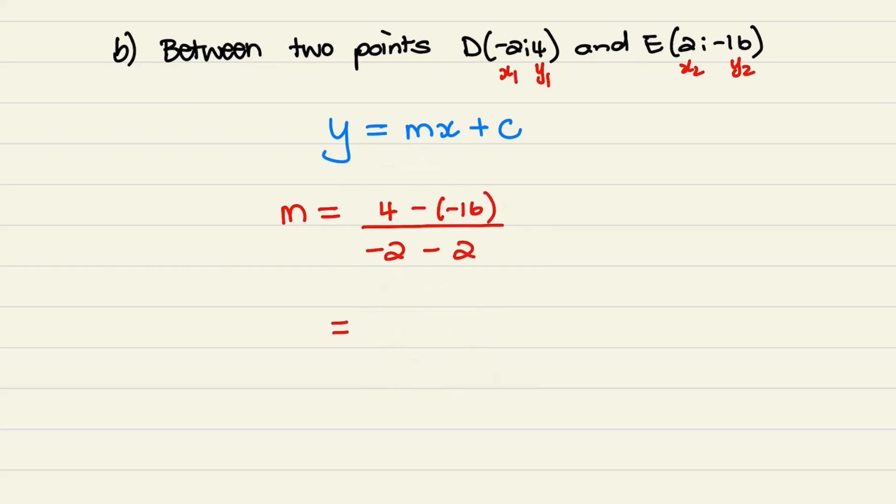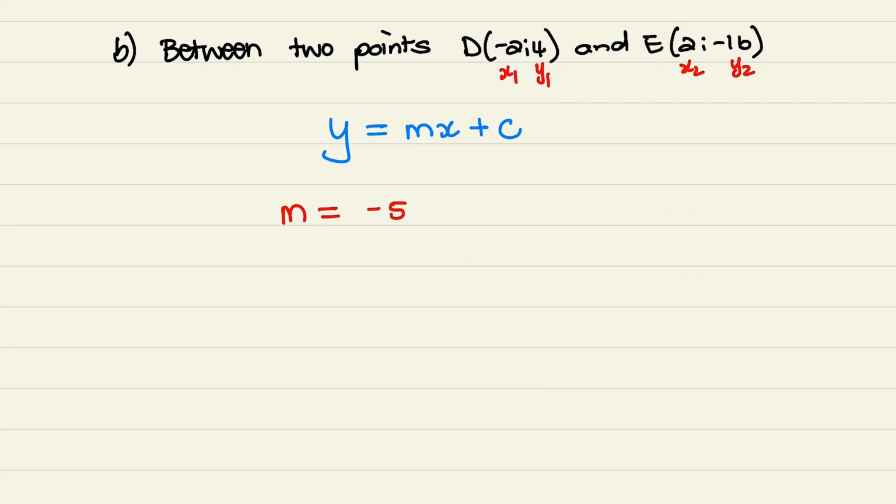And when I simplify, I have 20 in the numerator and negative 4 in the denominator. Remember, two negatives become a positive, so in the numerator I have 4 plus 16 over negative 2 minus 2, which is equal to negative 4. And as always, we must simplify. So 20 divided by 4 is equal to 5, and the negative will move to the 5.